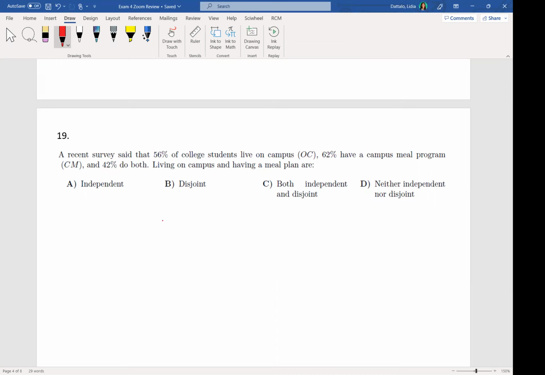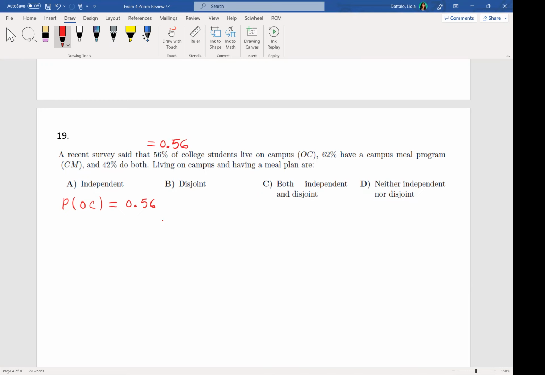So there's the event. Let me just write that in here. The probability that they live on campus is given by 0.56, same thing as 56 divided by 100.